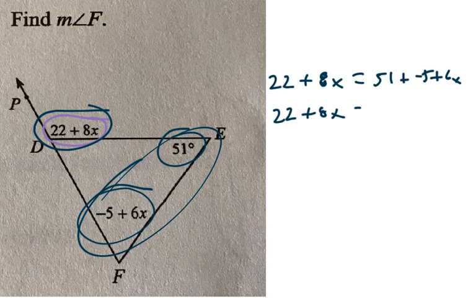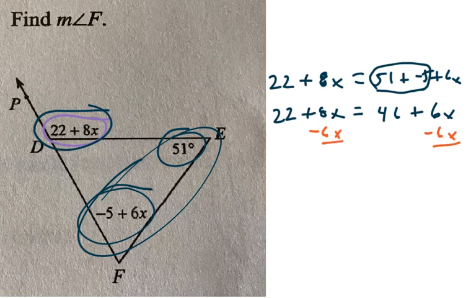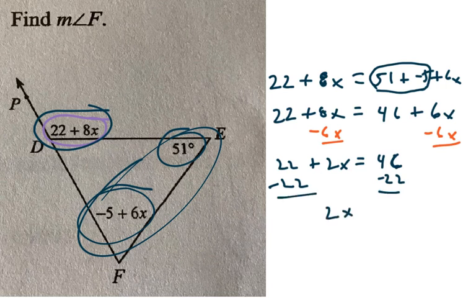22 plus 8x equals 51 minus 5, which is 46, plus 6x. I'm going to minus 6x from both sides. So 22 plus 2x equals 46. Once I minus 22 from both sides, I know 2x equals 24.